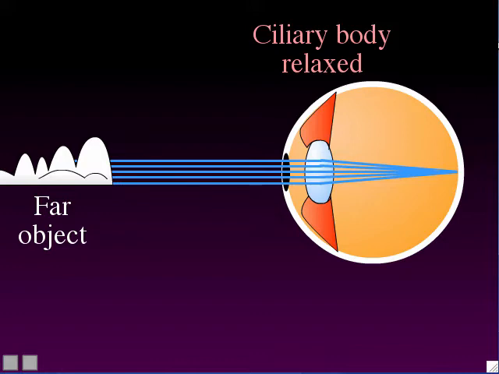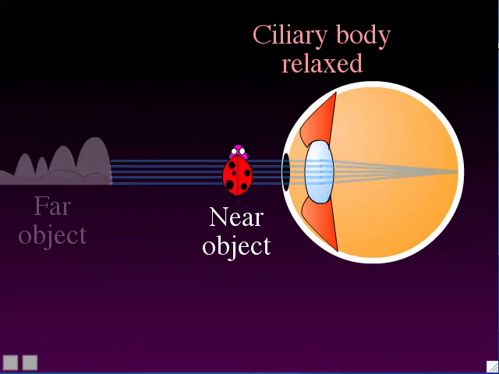Now let's talk about a near object. I'll use a ladybug. That'd be something that they're looking at close, right? Now I'm going to fade the far object in the background for a second, just so we can focus in on the near object. Well, remember what I said a few minutes ago, that the closer objects get to the eye, the deeper their focal points are going to be, right?